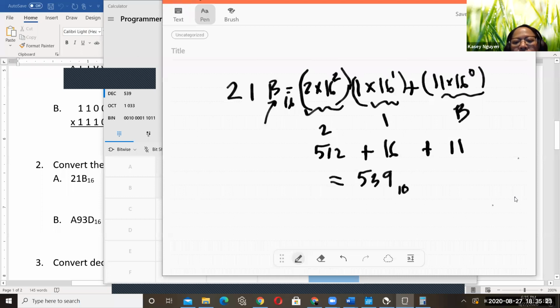So 21B base 16 is going to give us 539 in decimal. Okay, and that's A. Any question regarding conversion? And this is the multiplication method for conversion from hexadecimal to decimal.